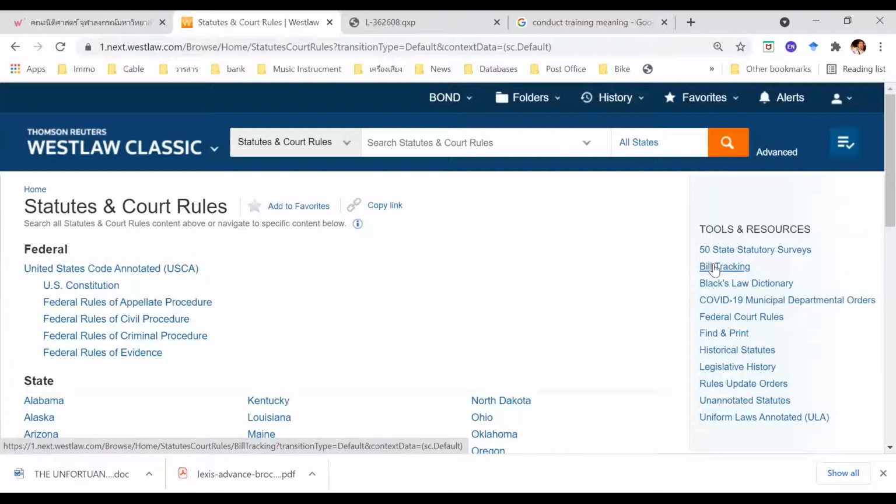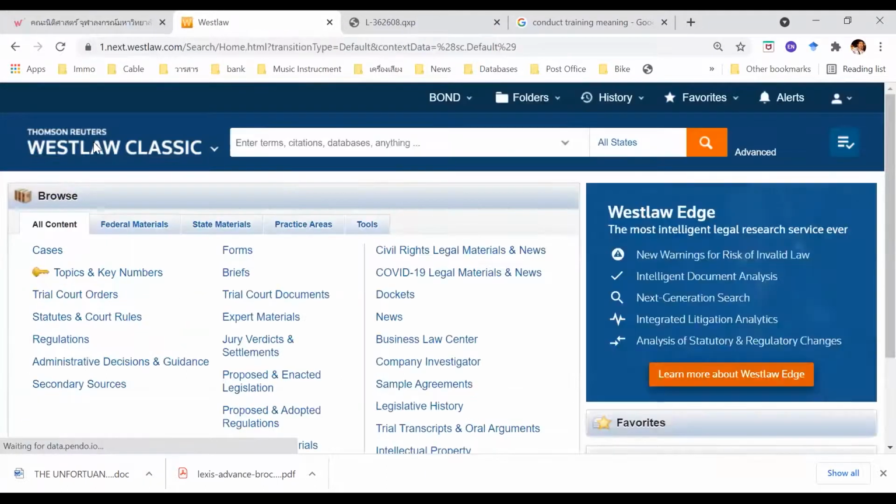So this is a primary source, another primary source. Just to repeat, the primary sources you can search in Westlaw are cases and statutes. You have the Constitution, the USCA code, and bill tracking. Then there are regulations and administrative materials. These are the kinds of primary source.